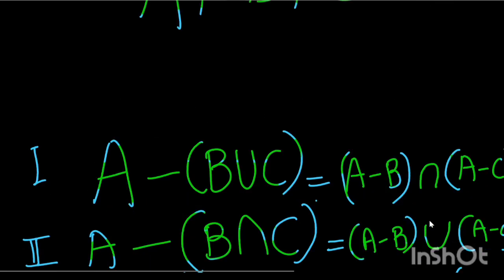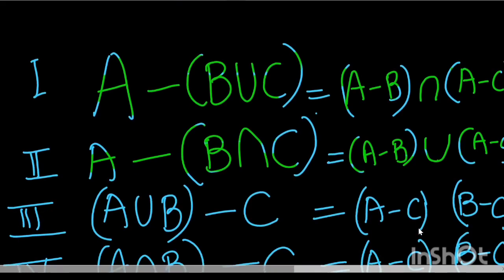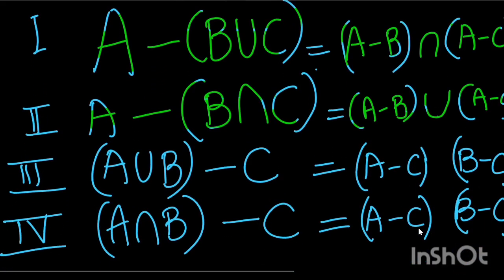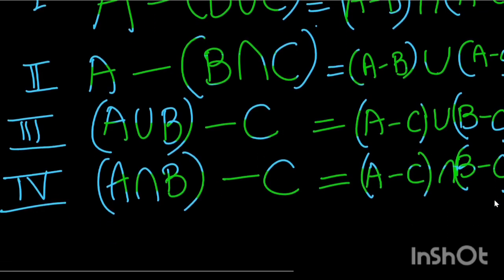So guys, here (A union B) minus C is (A minus C) union (B minus C). Here also union will come, guys. And (A intersection B) minus C is (A minus C) intersection (B minus C), guys. So these properties are related to the three sets.